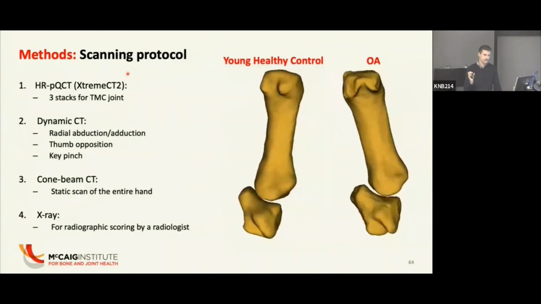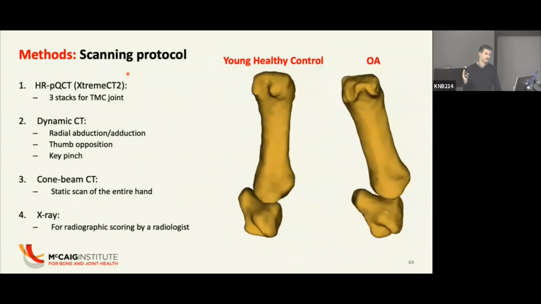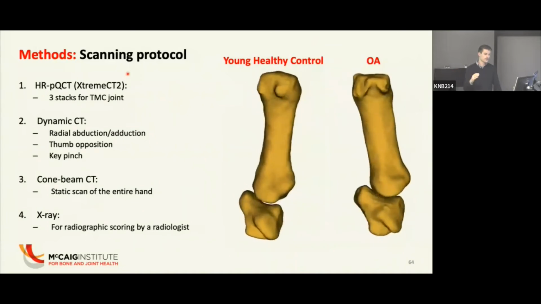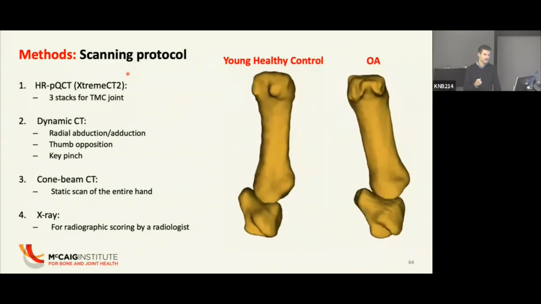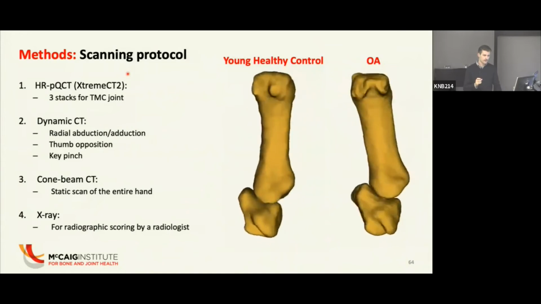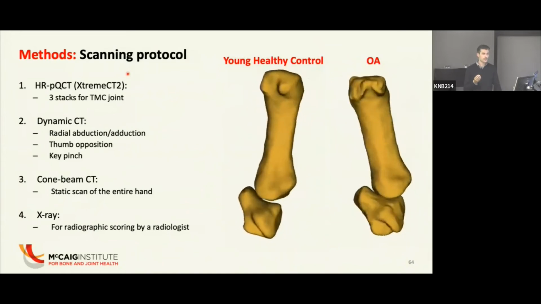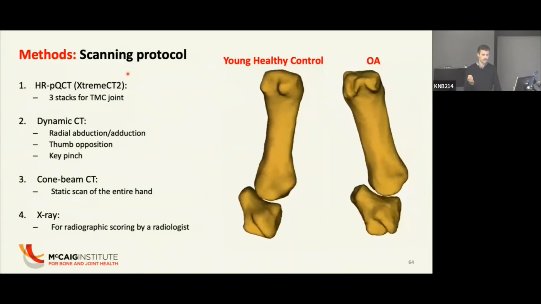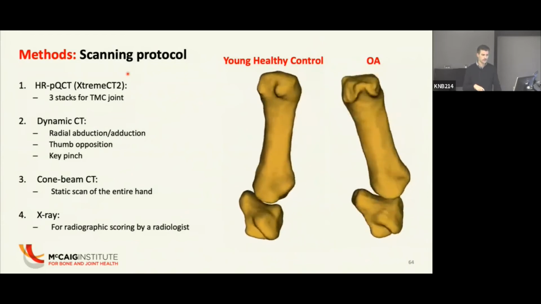But if that registration doesn't align the bones properly, that's going to affect every single other frame going forward. So that's why we start to see a little bit of the bouncing there, and that needs to be tweaked a little bit. But yes, the motion is the first metacarpal relative to the trapezium, so we could just fix that trapezium as well, like you were saying.